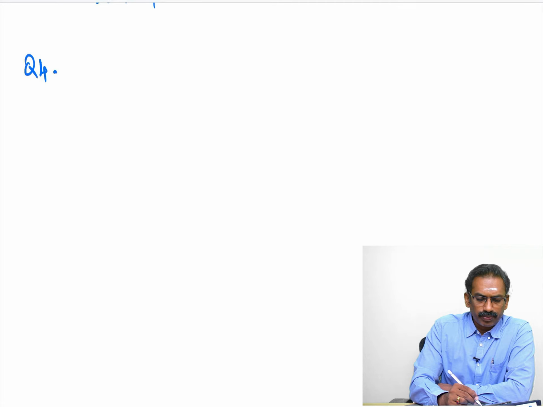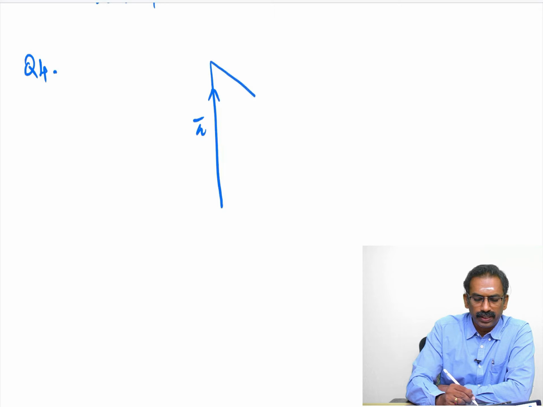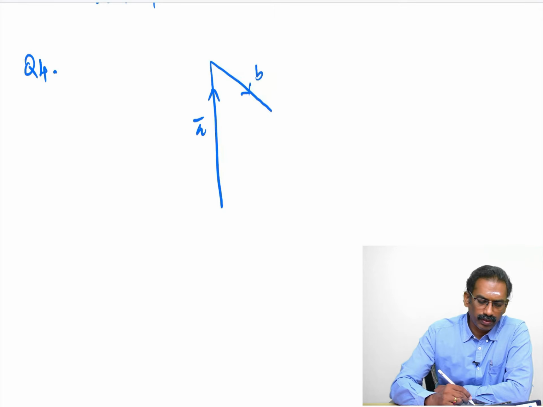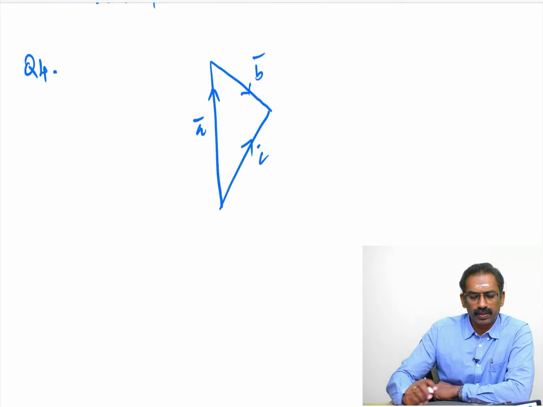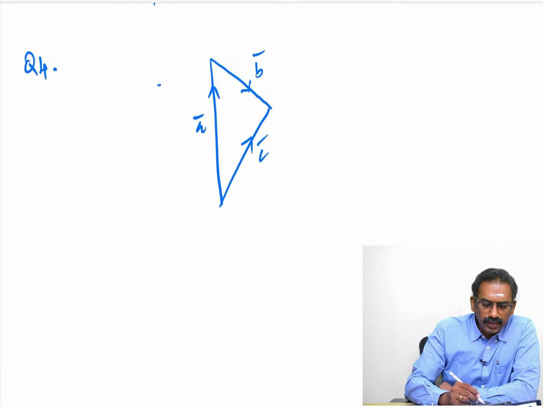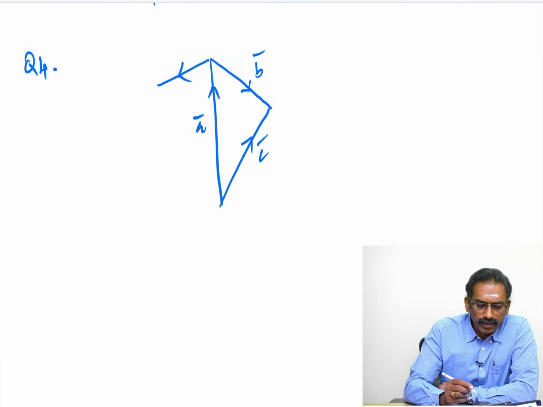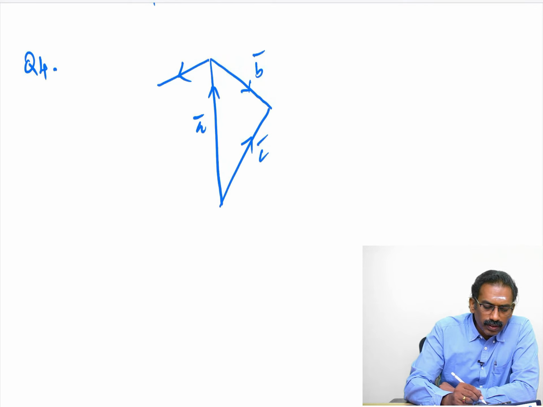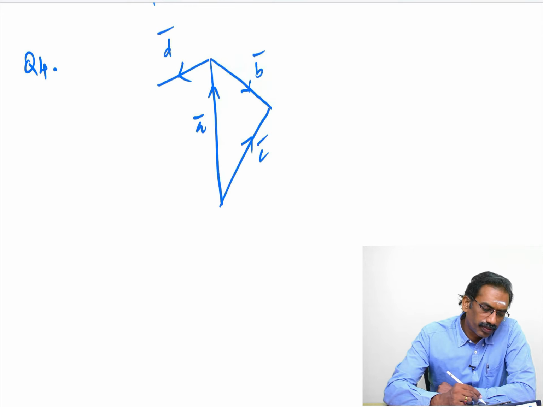In this diagram, this is a vector, this is b vector, this is c vector, this is d vector and this is e vector.